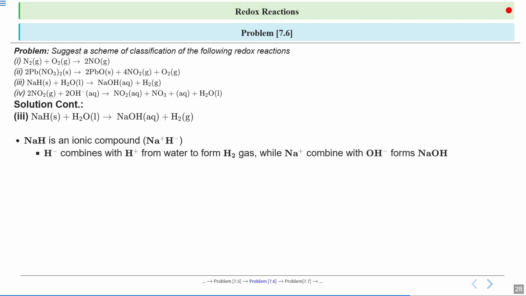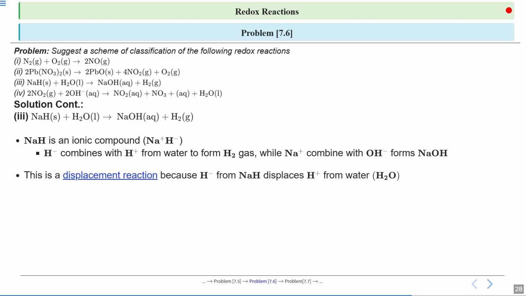So, H negative combines with H positive from water to form hydrogen gas, while the Na positive ions combine with the OH negative ions and form sodium hydroxide. So, here a displacement reaction is happening because H negative from NaH displaces the H positive from water. Therefore, this reaction would be considered a displacement redox reaction.